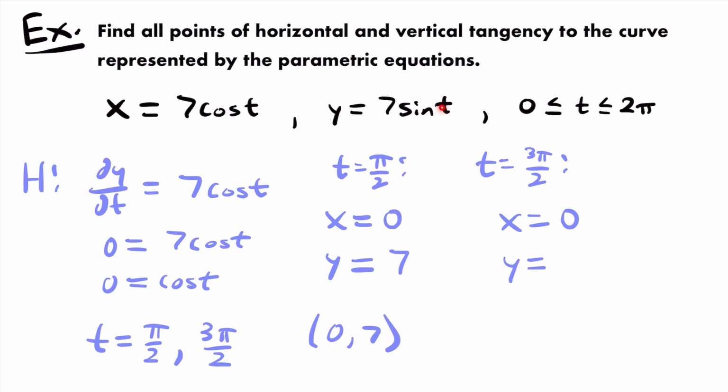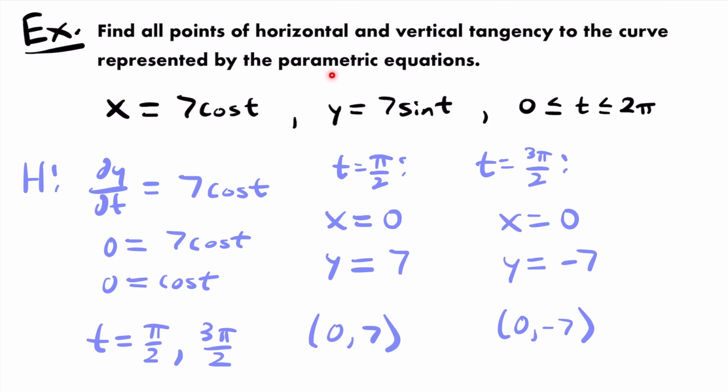Now sine of 3 pi divided by 2 is negative 1, so we'll have negative 1 times 7, which is negative 7. So the other coordinate point where we will have a horizontal tangent line is 0, negative 7. All right, so these 2 points right here are the only points of horizontal tangency for the curve represented by these parametric equations.